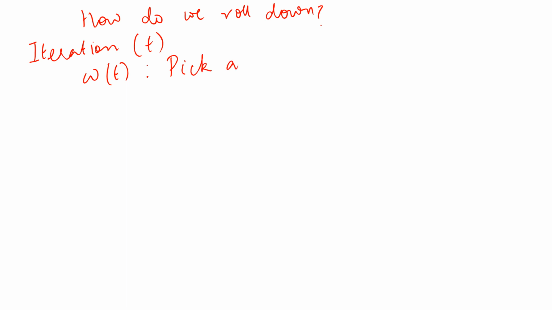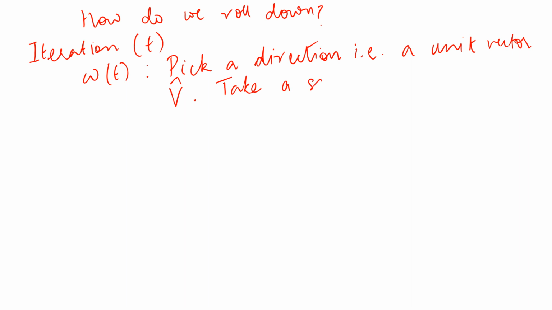Well, I pick a direction that is a unit vector, and let's denote that unit vector by v hat, and then take a small step in that direction. I'm coming to what a small step means.